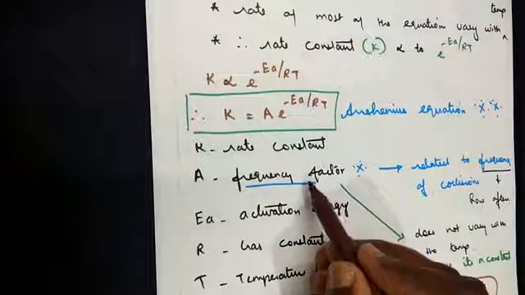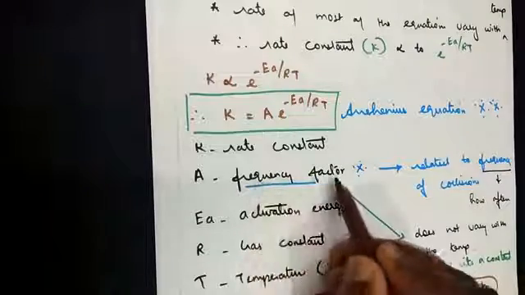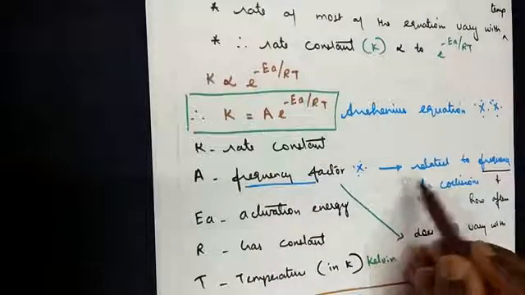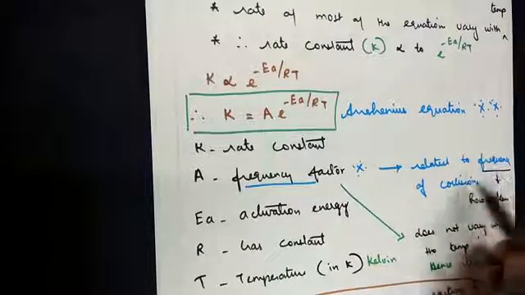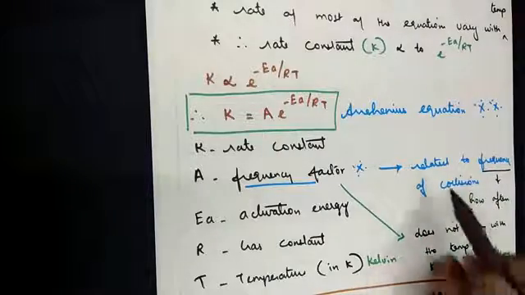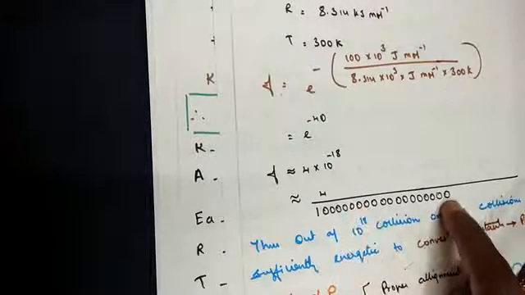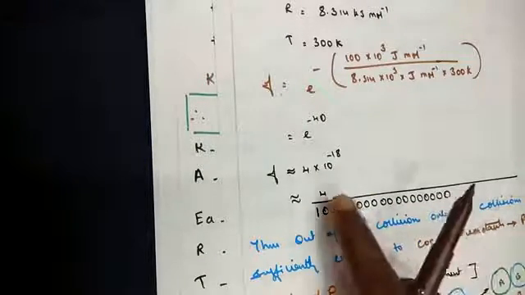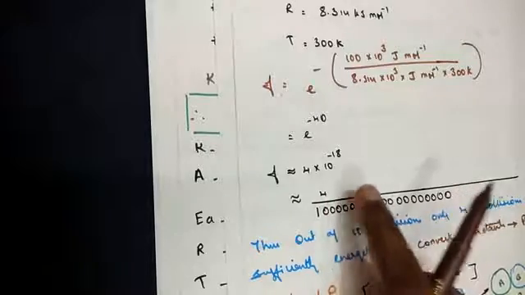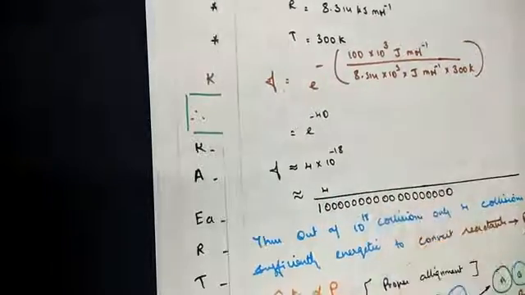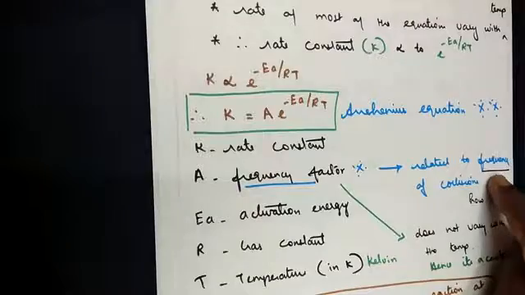Now coming back to the point, what is the meaning of frequency factor? It is related to the frequency of collisions. Now you know from the previous concept what's the meaning of collisions. Out of the so many molecules possible, only a few possess the energy required to undergo collisions. What's the meaning of frequency?